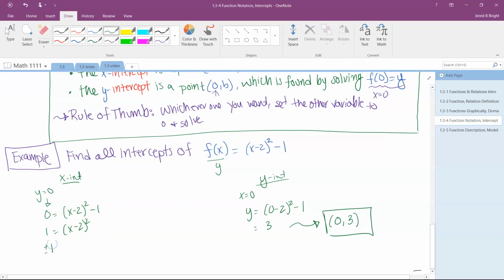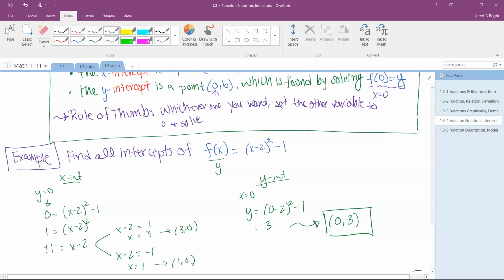When you introduce a square root, remember you need the plus and minus. Plus or minus x minus 2. So we end up with two equations: x minus 2 is equal to positive 1, and x minus 2 is equal to negative 1. Solve each of these: x is equal to 3, and x is equal to 1. So here I get the point 3, 0, and from here I get the point 1, 0.